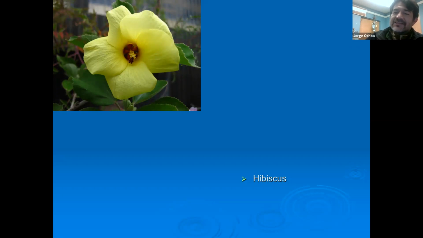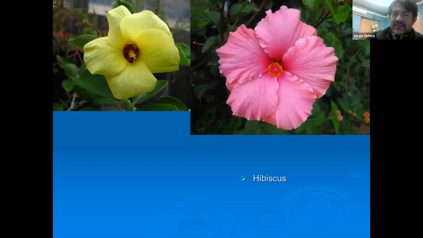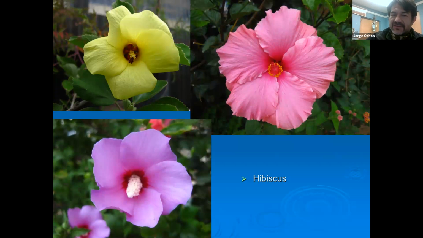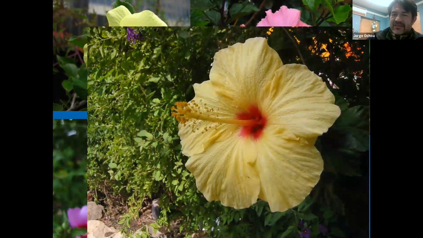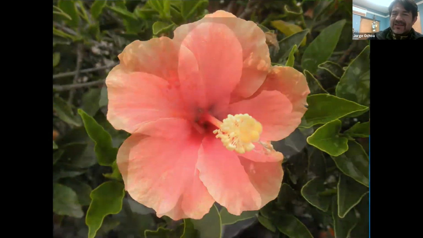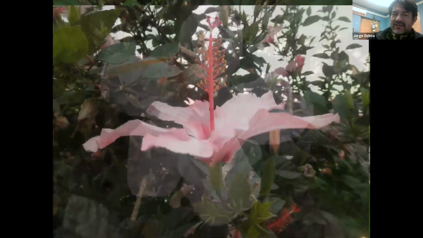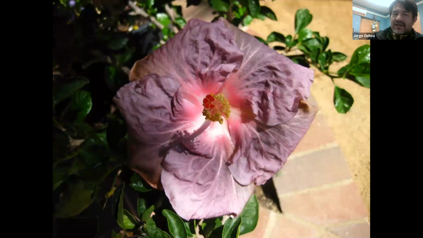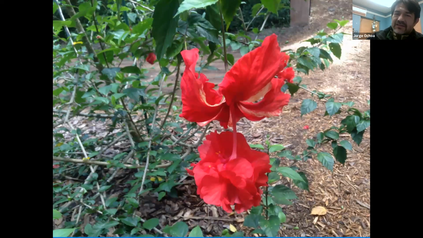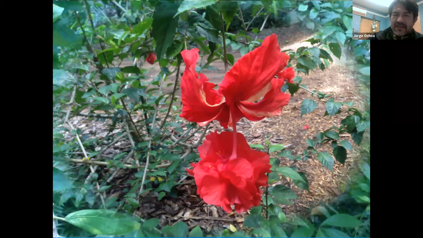And then the genus Hibiscus, here just a few individuals just representing this genus in the different colors that you may see here and there throughout the city. And here's some of the newer varieties that are out there or hybrids that are very beautiful and very large. Here's one of an old fashioned that has some kind of petal-like at the tip of the column.